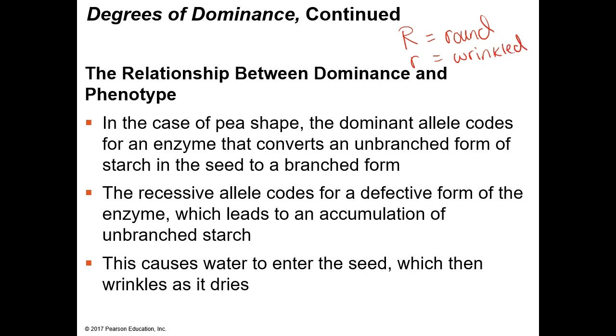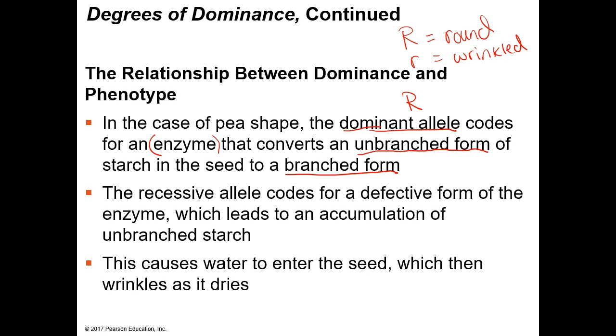Okay. So if you add the dominant allele right here, capital R, the phenotype is going to be the enzyme activity, and the enzyme is going to convert the unbranched form of starch into the branched form. Okay, so this is normal.